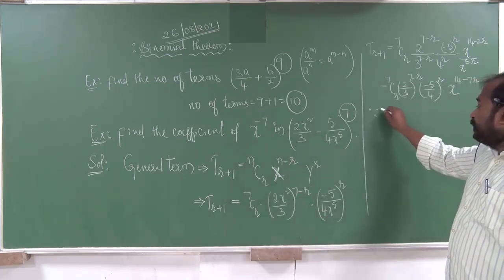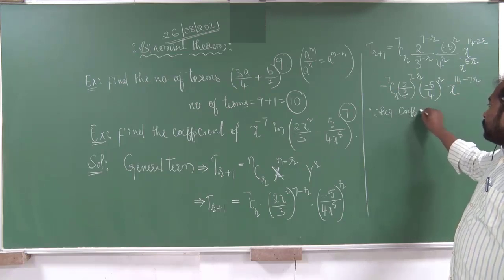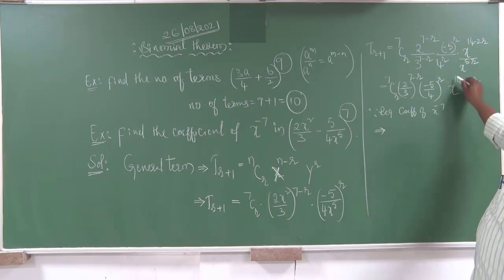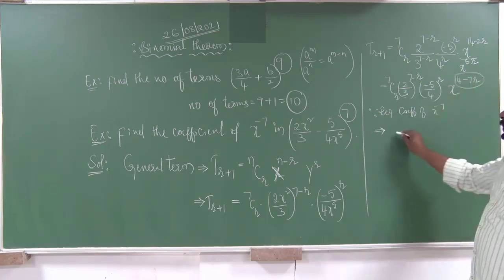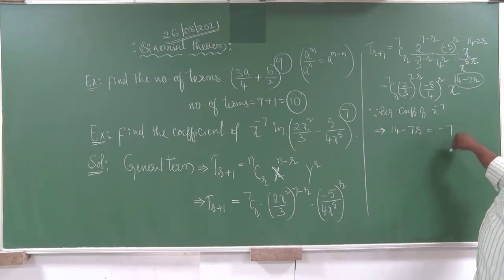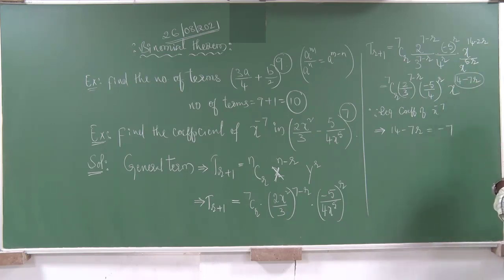Since required is the coefficient of x power minus 7, that implies in the general term x power value 14 minus 7r is equal to minus 7. In the general term, x power value is this one, but our requirement is the coefficient of x power minus 7.